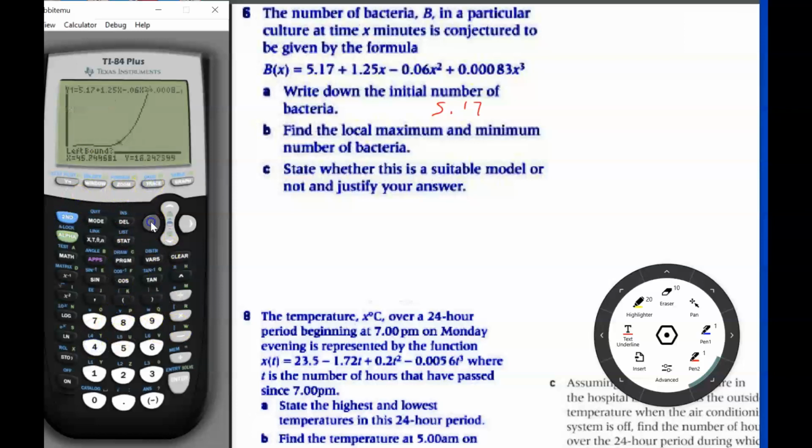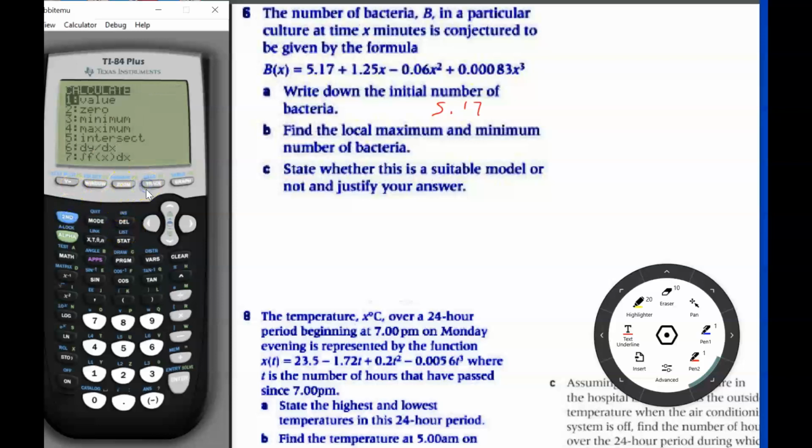The left bound will place it slightly to the left of the maximum point. Then we'll hit enter. Oops, I hit enter twice, I guess. I need to do the right boundary here. So let's redo that.